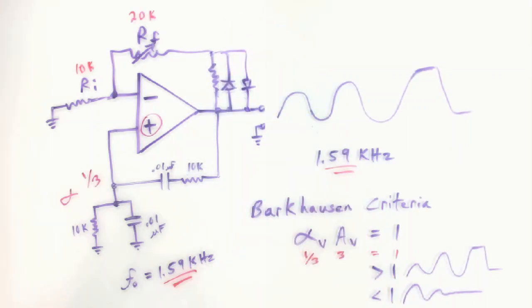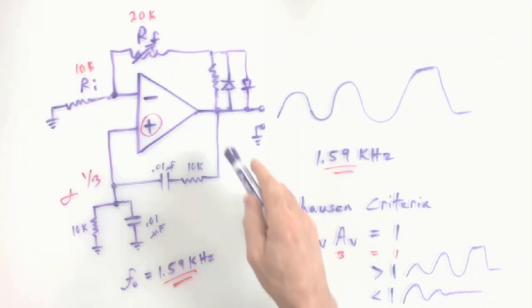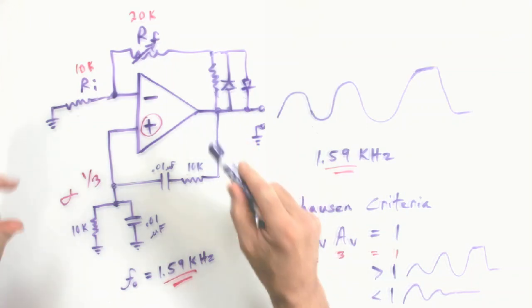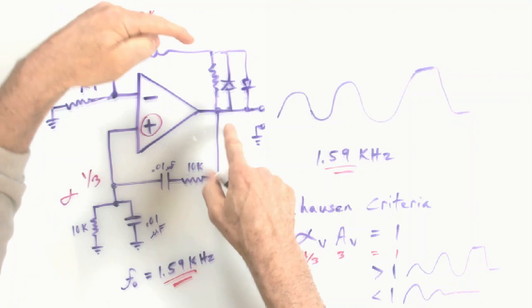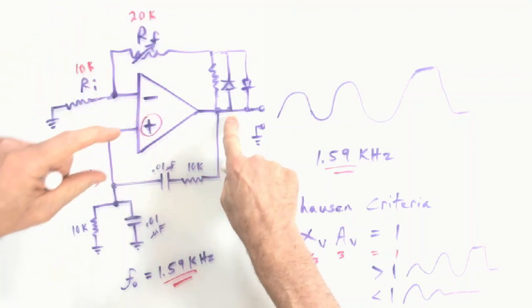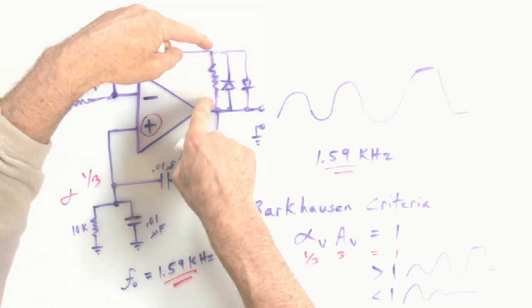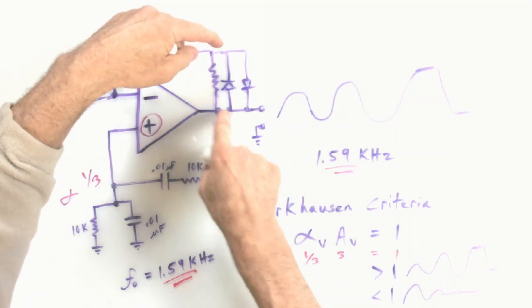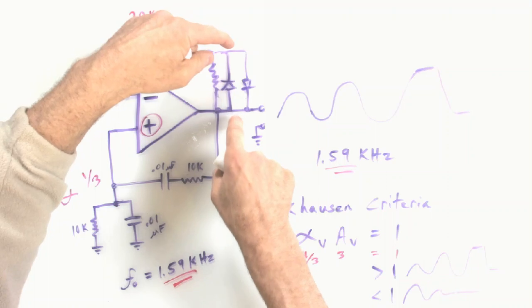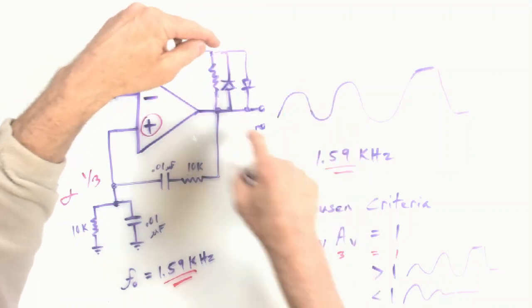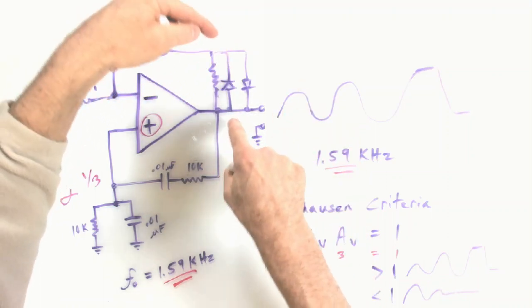Let's see if we can understand this. What's going to happen is here, if the output would try to grow too high, the IR drop across this resistor will start to bias the diodes on, and you have one in each direction, like I said, because the sine waves take care of the positive and negative peak.